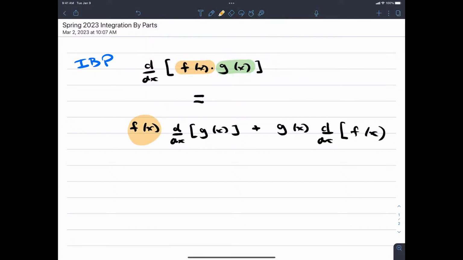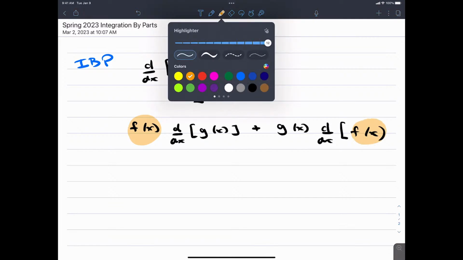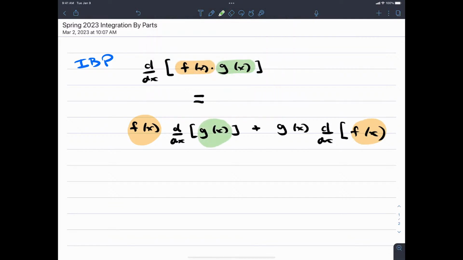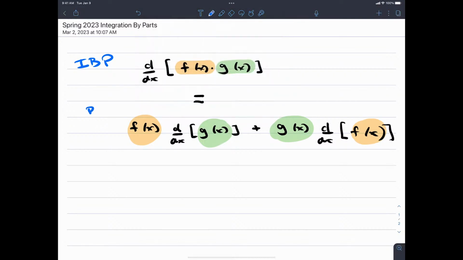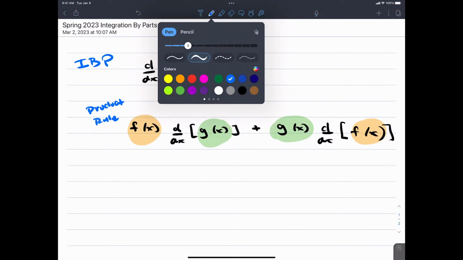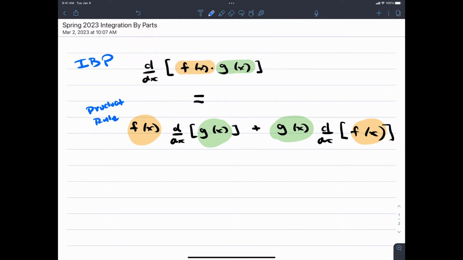So there's the f. You guys can see that. And then we have the g here. All right, so we know what's going on there.